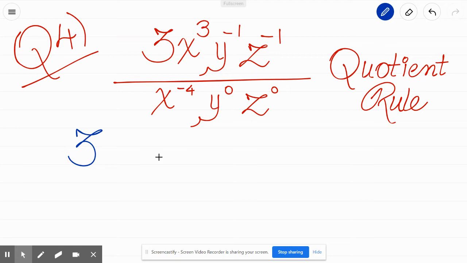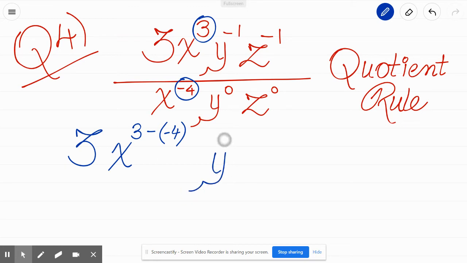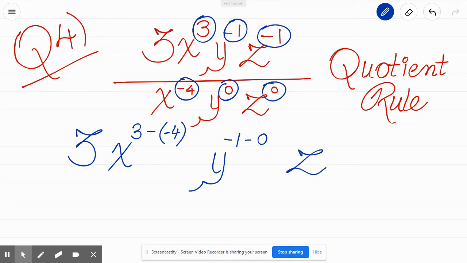So for the quotient rule, basically you subtract the powers. So I'll have 3 minus negative 4. So I'm subtracting the power of x here with the power of x here. Next comes y, negative 1 minus 0, power of y minus power of y. Then z, subtract the powers.